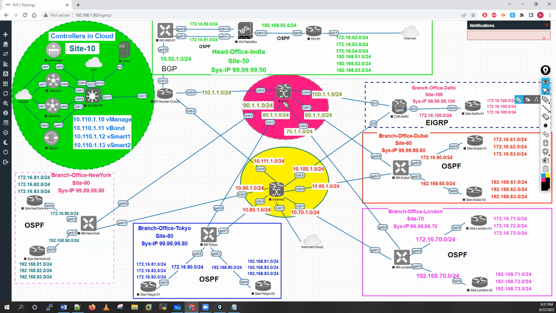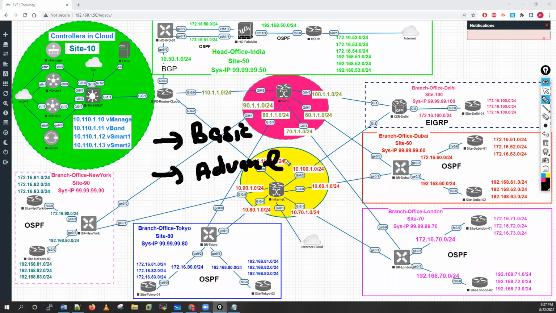Apart from this, I have another lab as well, guys, another topology. This topology is a basic topology. I have another topology which is the advanced SD-WAN topology, for doing some advanced labs. On that topology, I will go with the redundancy environment as well.